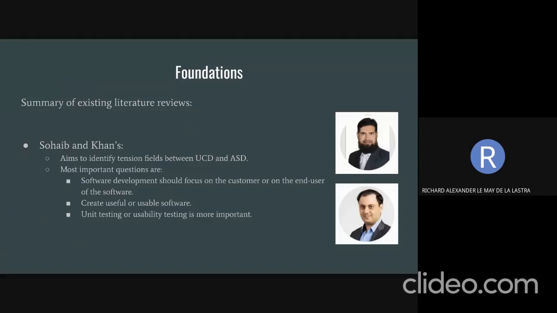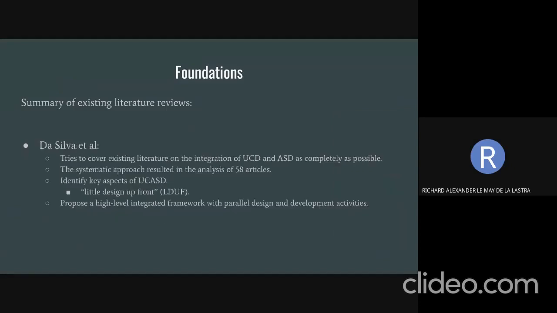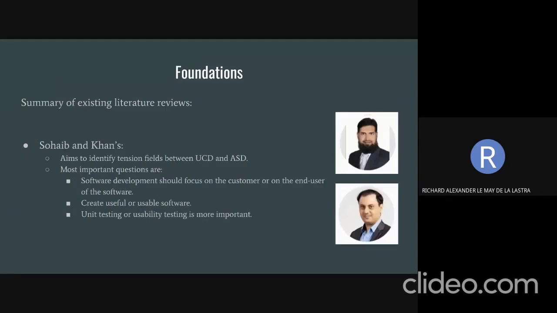The most important questions for them are: should software development focus on the customer or on the end user of the software, should developers' aim be to create useful or usable software, and lastly, is unit testing or usability testing more important. They suggested an integrated approach bridging the gap between the two fields. The approach focuses on the recommendation to use specific practices.